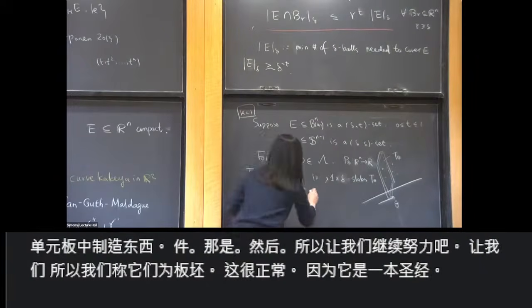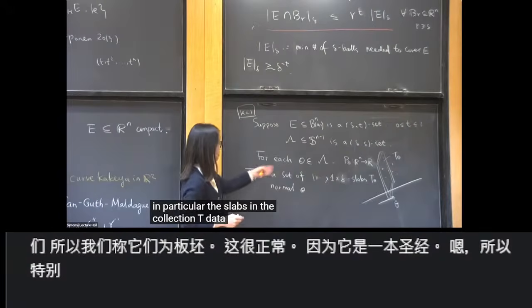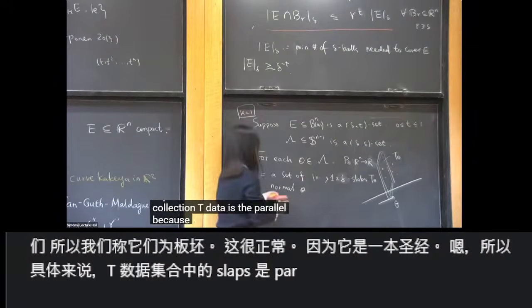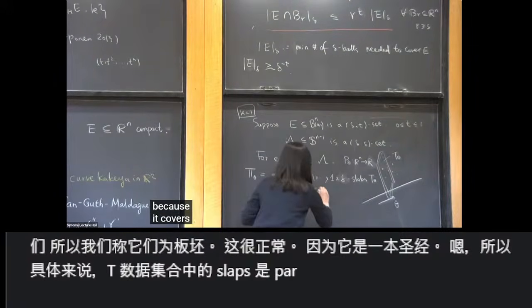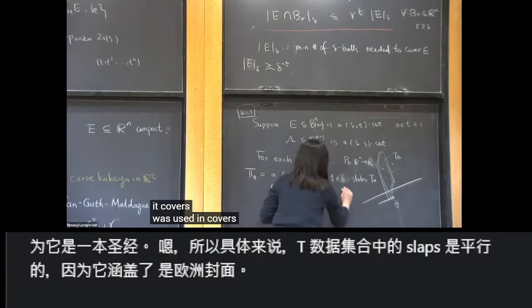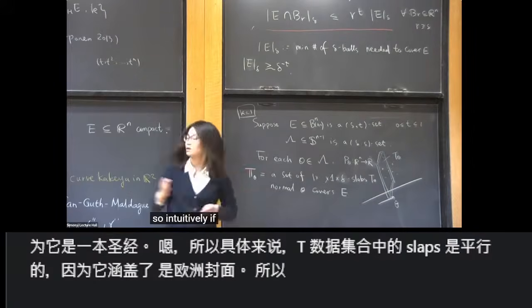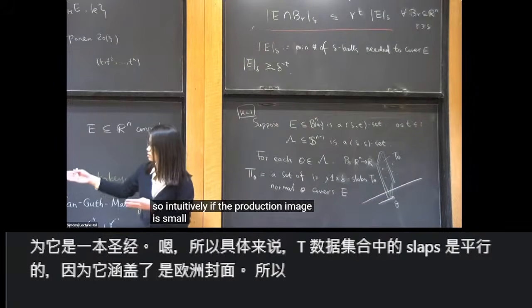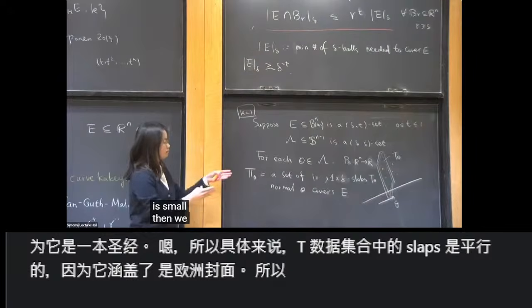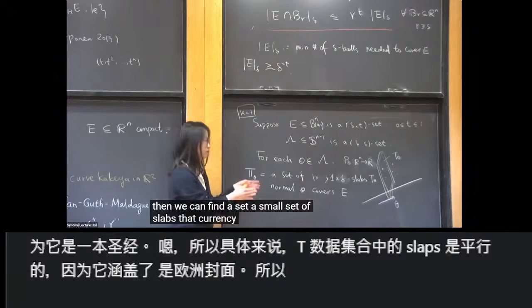And so in particular, the slabs in the collection T theta are parallel, and their union covers E. So intuitively, if the projection image is small, then we can find a small set of slabs that covers E.